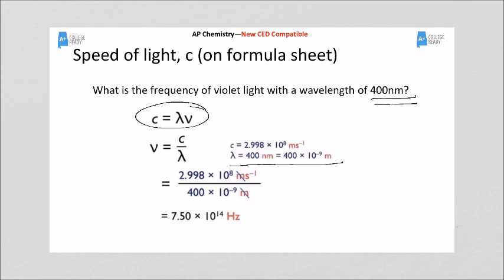All forms of electromagnetic radiation travel at the same speed in a vacuum, and here's the exact value given, 2.998 times 10 to the 8th meters per second. So we just need to rearrange to solve for frequency. We've got speed of light divided by wavelength in meters, and you see why that's important, because we need our meters to cancel with our speed of light meters, and we're left with hertz. You could write hertz, or 1 over seconds, or seconds to the -1 power.